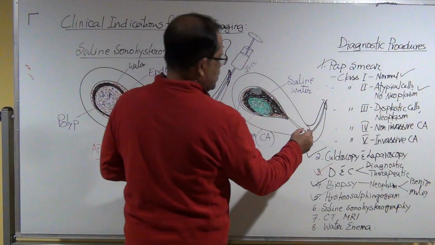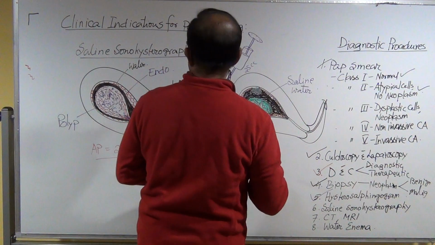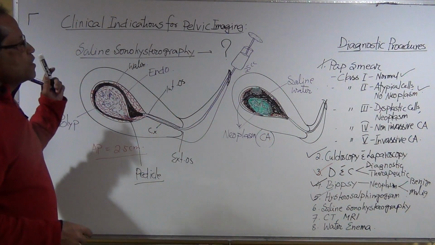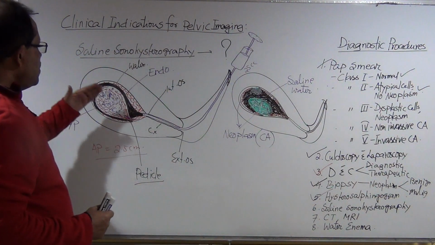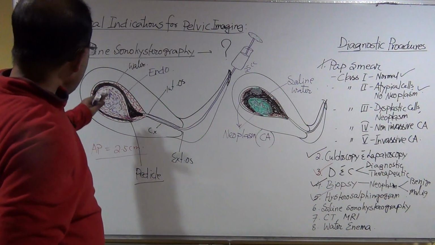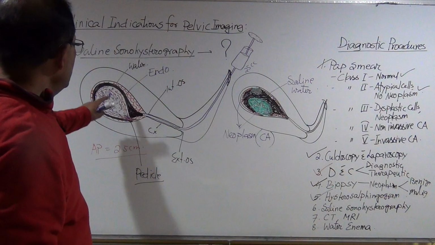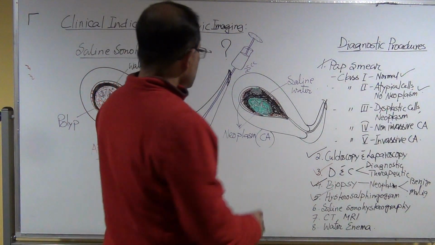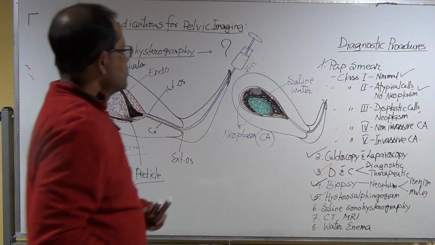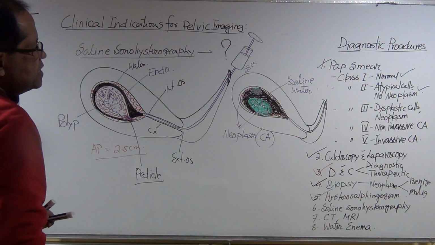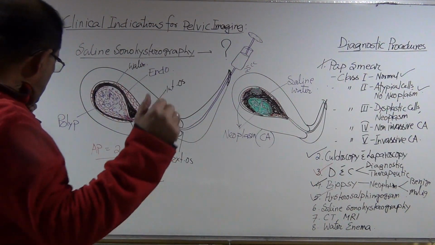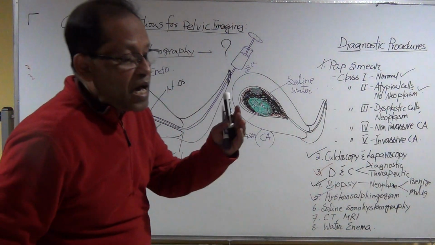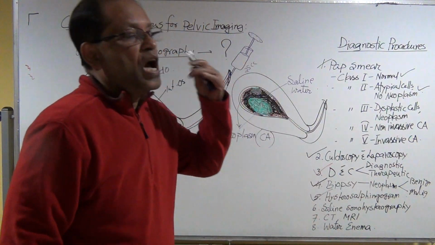Okay, I hope you understood the importance of the saline sonohysterography. It can rule out the polyp, it can rule out the adhesion, it can rule out the endometrial hyperplasia, it can rule out the neoplasm inside the uterus, and it can also rule out the hormone induced hyperplasia.